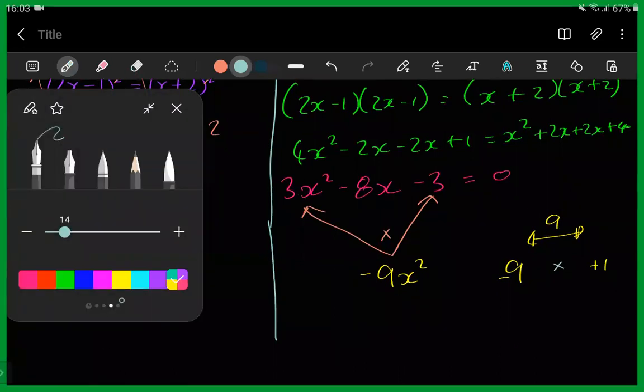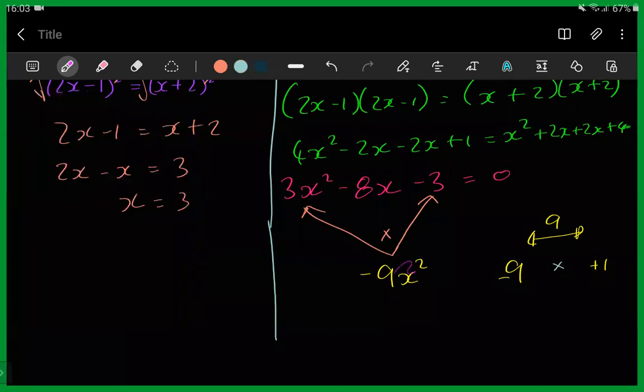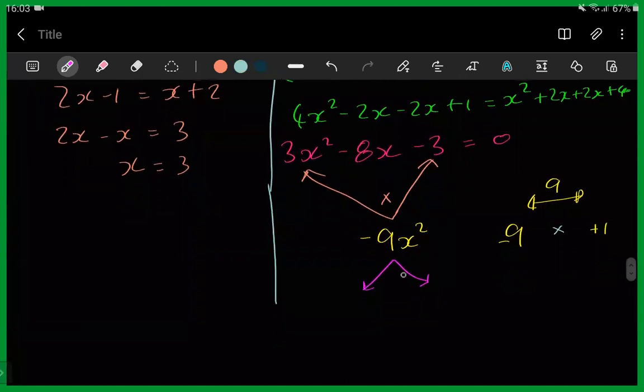So with that being said, we need to split up this 9x, we have to split it up into two numbers that give us this value. And we said the minus 9x will work, then a plus x will work because it's like positive 1x. And then we said the number on the far edge here, you drop it, that's a minus 3.